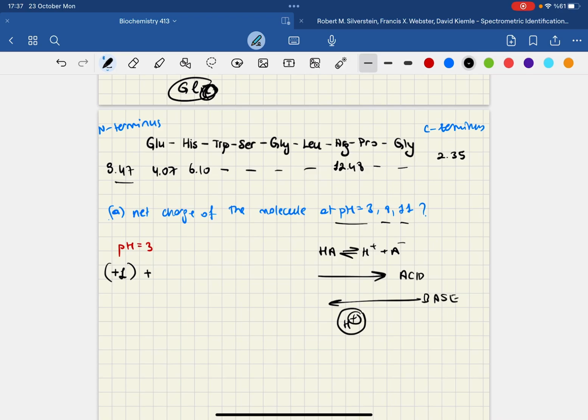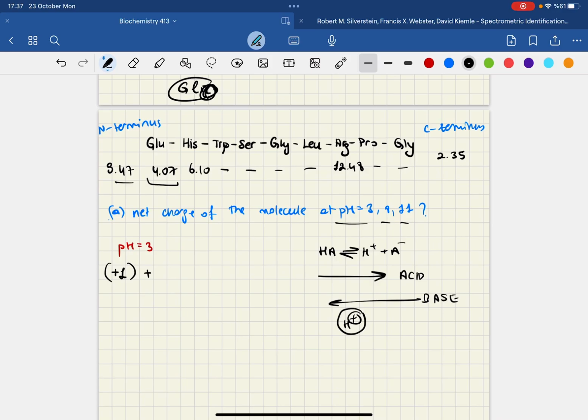And then we have the glutamic acid side chain. The side chain is of course an acid, as its name suggests. However, as we can see, its pKa is 4.07 and our pH is 3. Does this mean that it will give out a hydrogen?